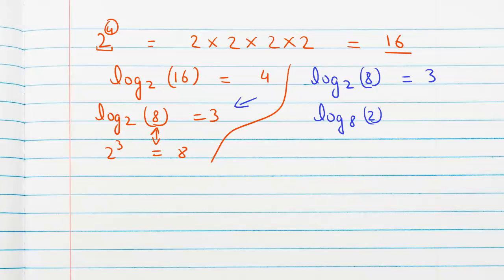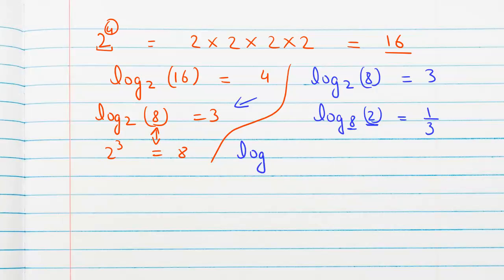What do you think is the answer for this one? Well, when the side switches, when there is a smaller number over here and a big number over here, the answer is still the same, which is 3, but it will be written as a fraction form, 1 over 3.